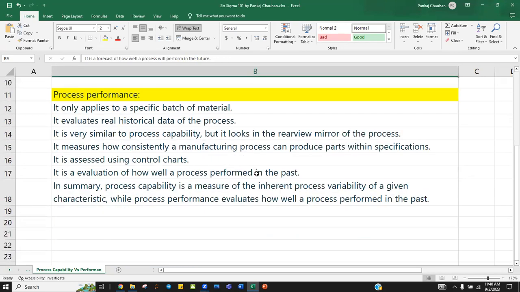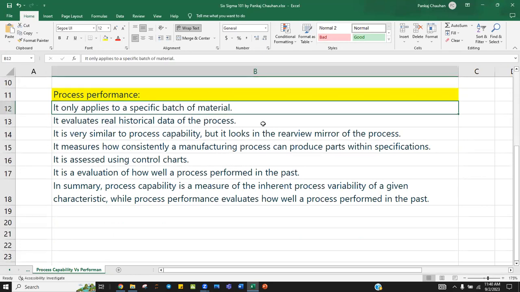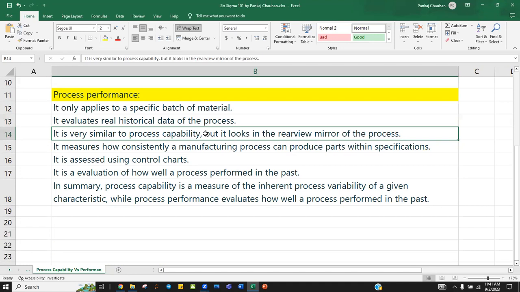While process performance applies to a specific batch of the material, it evaluates real historical data of the process. Very similar to process capability, but it looks in the rear view mirror of the process. It measures how consistently the manufacturing or any process can produce parts within the specification.